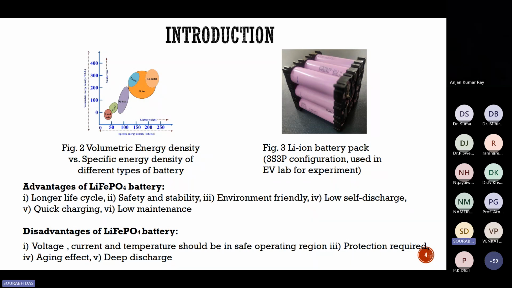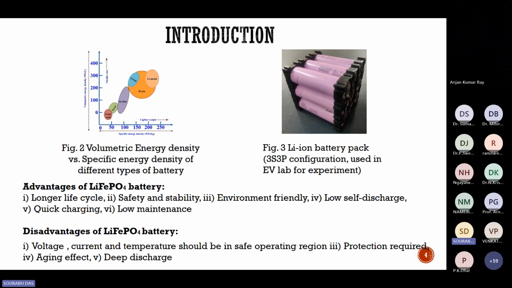In the data sheet it is clearly written at which current rate we can charge or discharge the battery, and if we exceed that limit, then it can damage the battery. Then temperature is also a concern, because if the temperature increases beyond the safe operating region, then thermal runaway can occur.